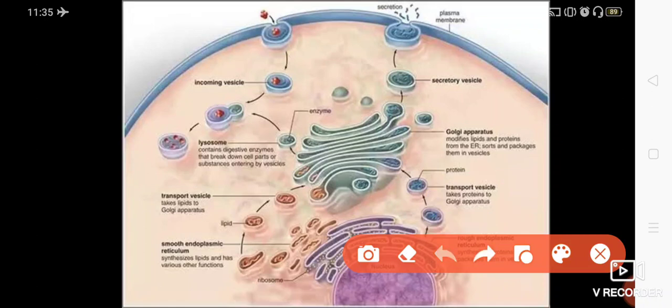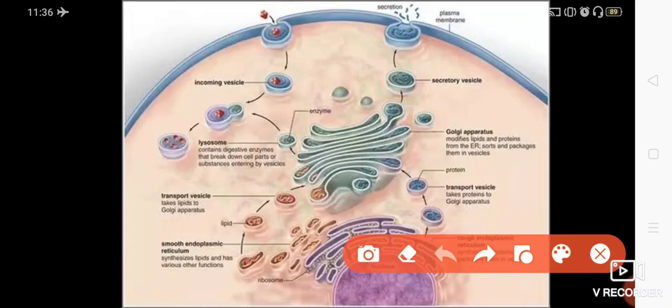These will be packed in the vesicles of the Golgi body, and will go inside the cisterna of the Golgi body. In the same manner, you will see the smooth endoplasmic reticulum will form the lipids, and these lipids will be packed into the transport vesicles of the Golgi apparatus, and released into the cisterna of the Golgi apparatus.